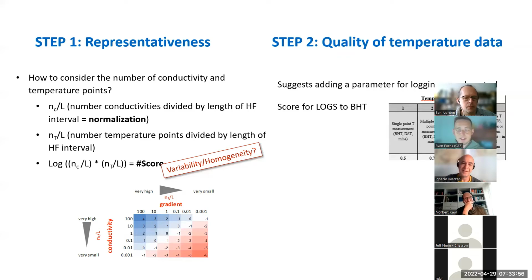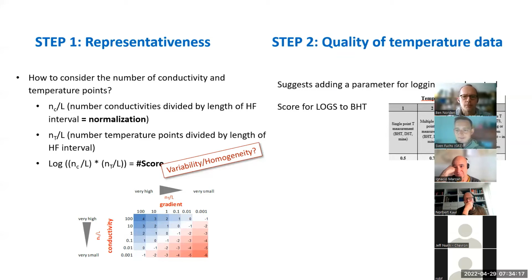Ben. Just one thought, because we are not only discussing the quality of the temperature data or temperature gradient. I think in the scoring, we must take into account that we want to discuss the quality of heat flow.